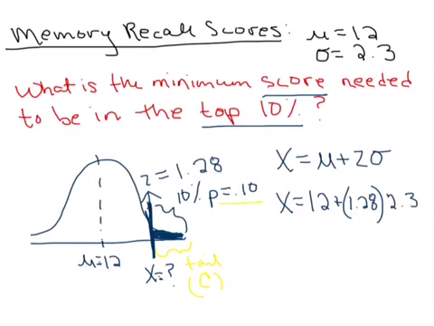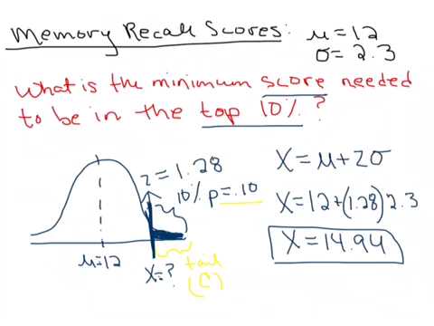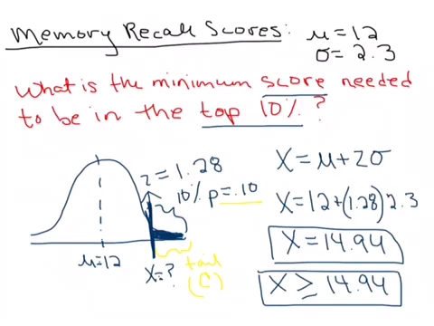If we calculate that out, our x should equal 14.94. So this is the final answer. Or if you really want to be technical, the minimum score needed to be in the top 10%, x needs to be greater than or equal to 14.94 to be in the top 10%.